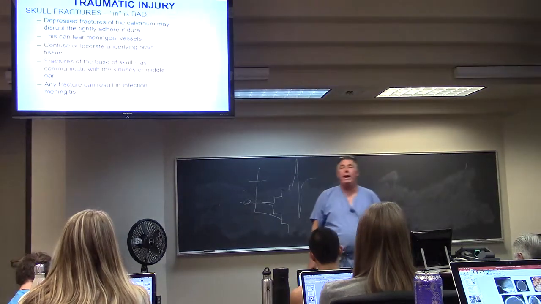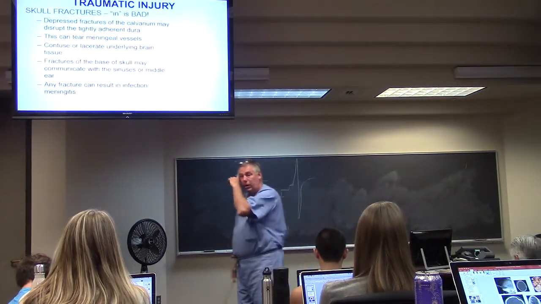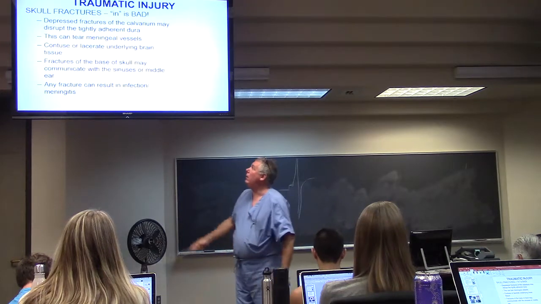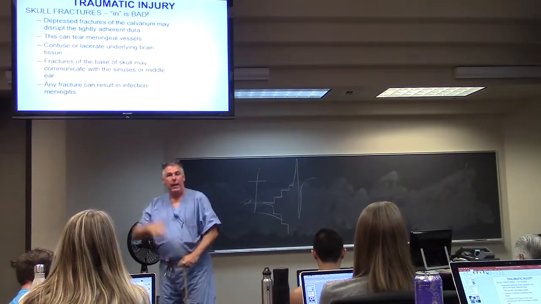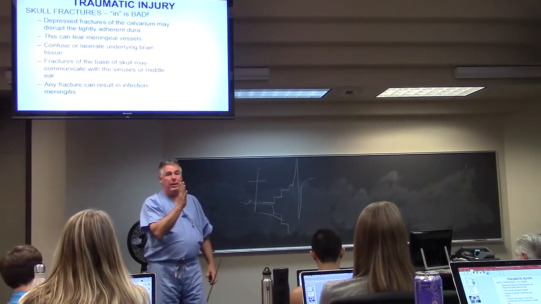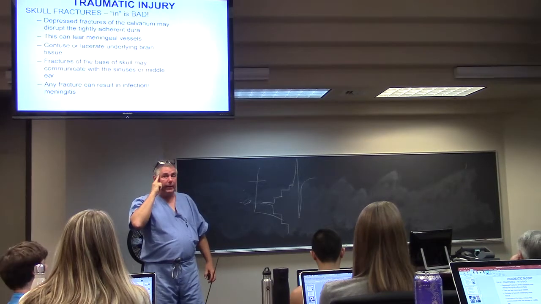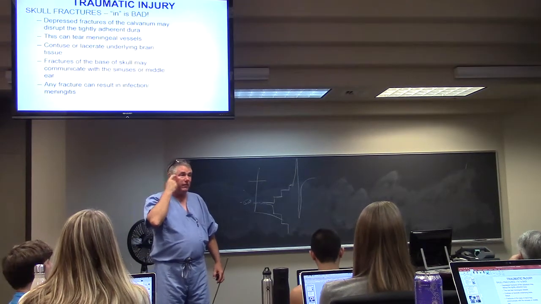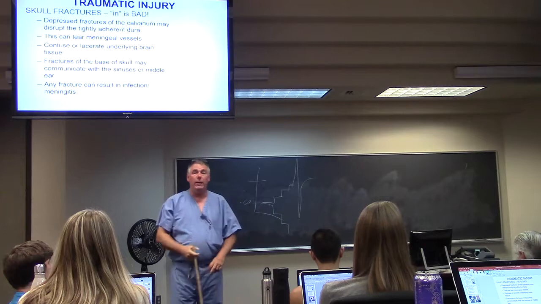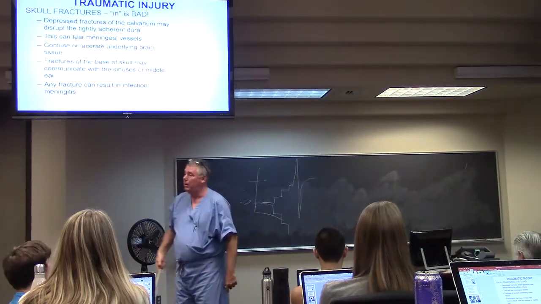If we go back here, you have to remember that when you start cracking the skull, because of how tightly the middle meningeal artery is applied to the inside, and the skull is thinnest right here, you can wind up ripping that vessel.